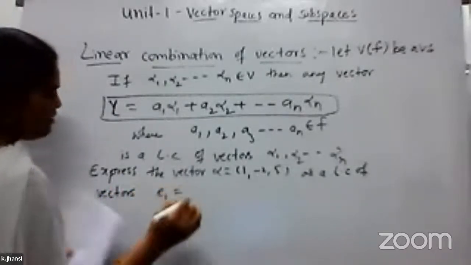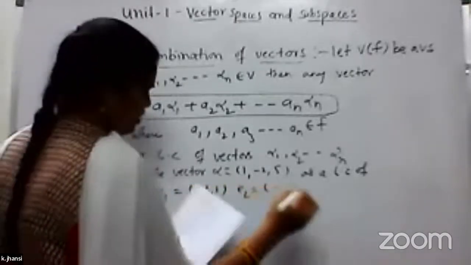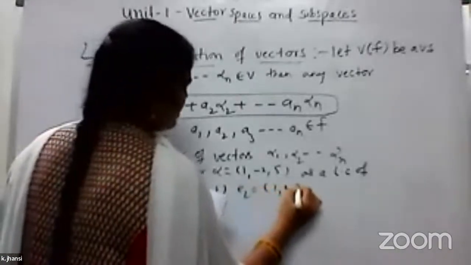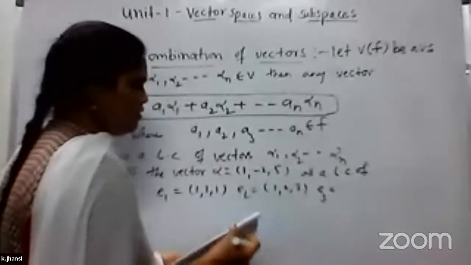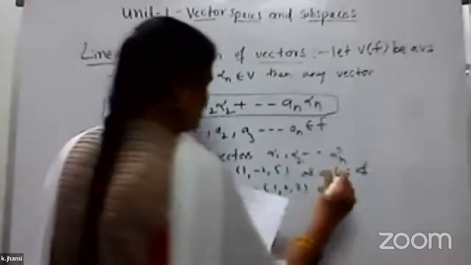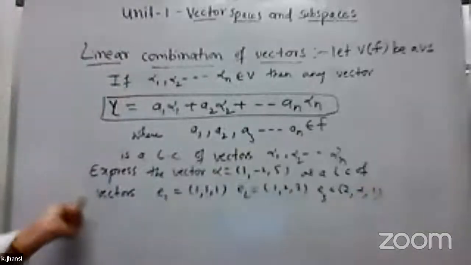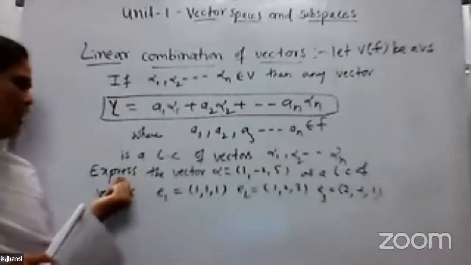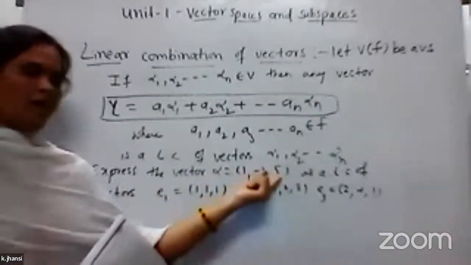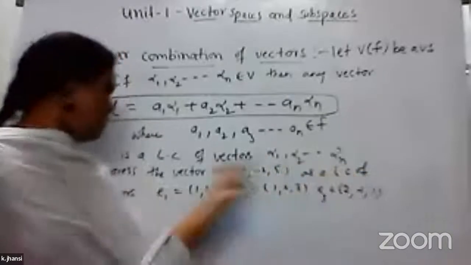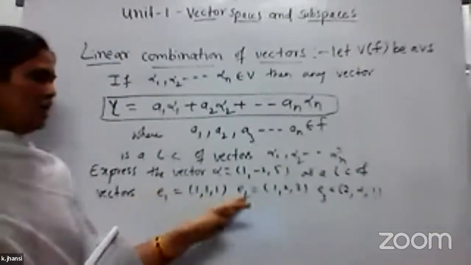Here the vectors are given as e1 equals 1 comma 1 comma 1, e2 equals 1 comma 2 comma 3 and e3 equals 2 comma minus 1 comma 1. So the problem will be asked like this.